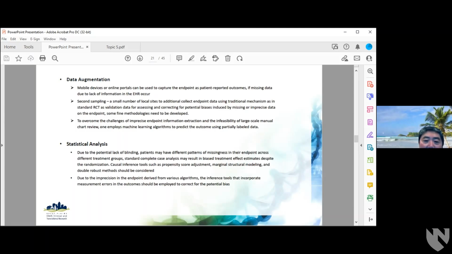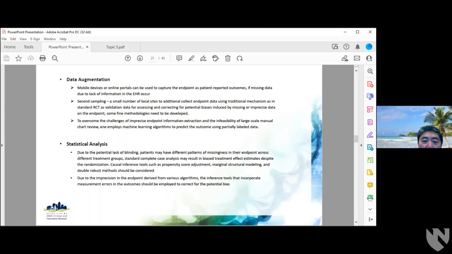As you can tell, in a pragmatic trial, statistical analysis is a lot more involved and complicated than in an RCT, with simply a two-sample comparison or things like that.